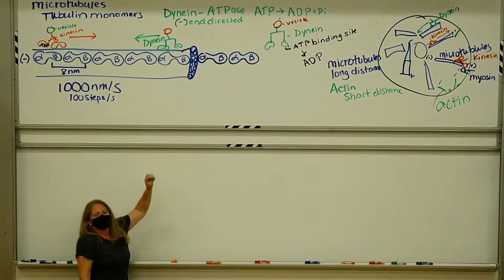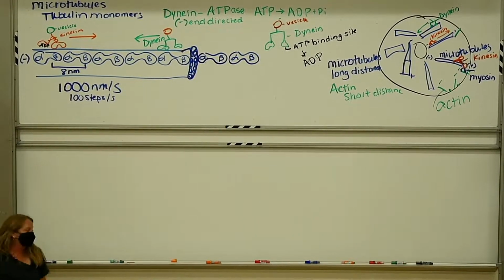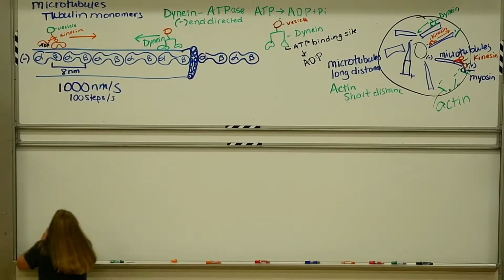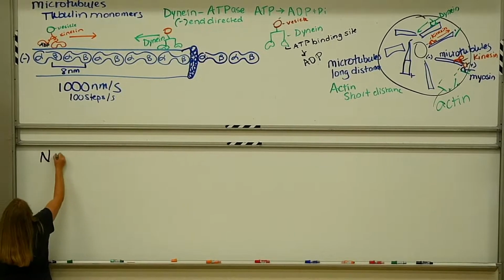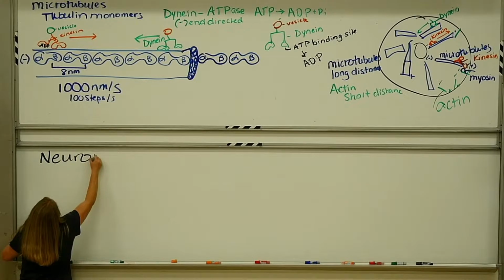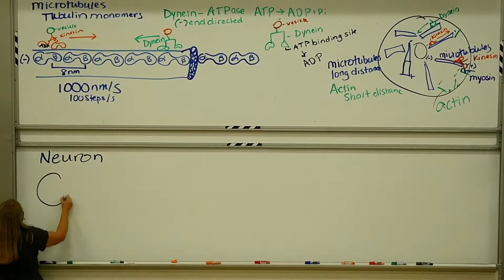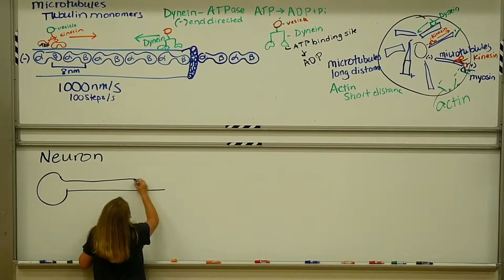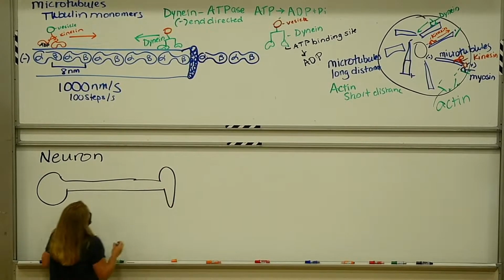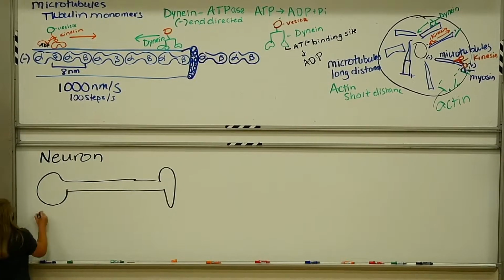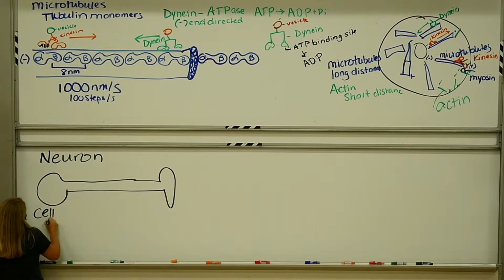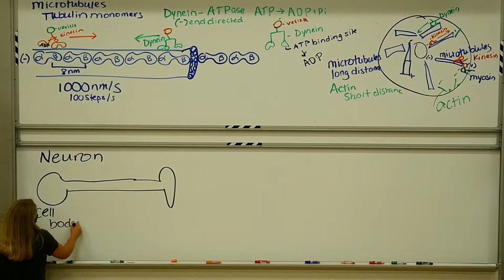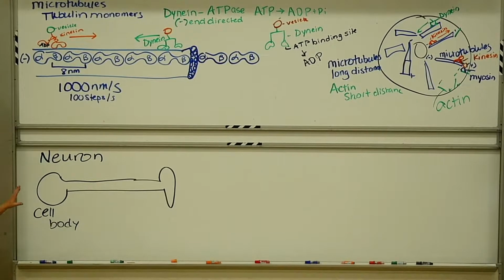So I'm not going to get into a lot of detail about the neuron because I'm not going to take Dr. Warren's thunder. But a neuron has a cell body that's basically everything we've talked about with a cell.